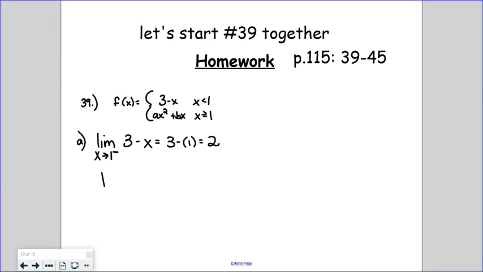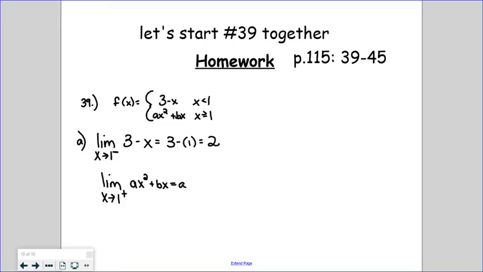So let's look at the limit as we approach 1 from the right. And if we approach 1 from the right, we would be using the other function. Again, no problem with doing direct substitution, right? We're not going to get a 0 in the bottom of our fraction or a negative in a radical or anything like that. So I can directly sub in 1.